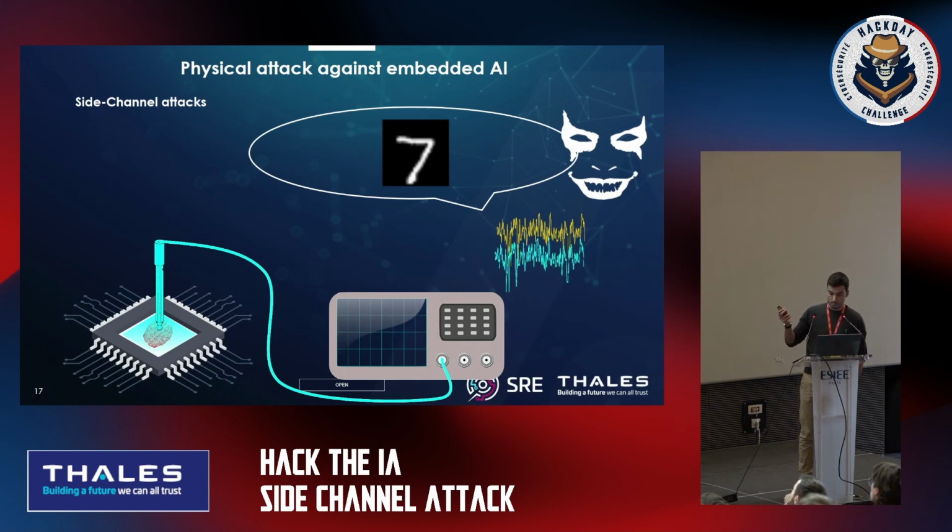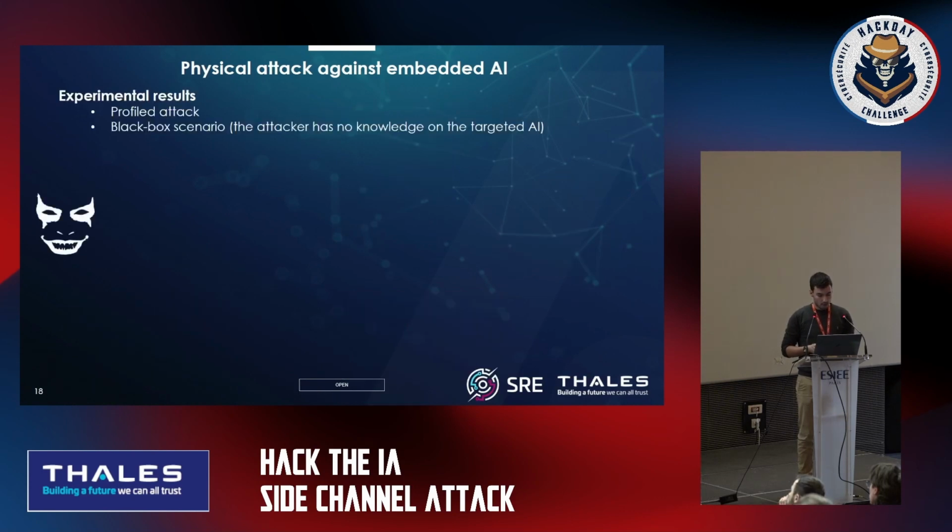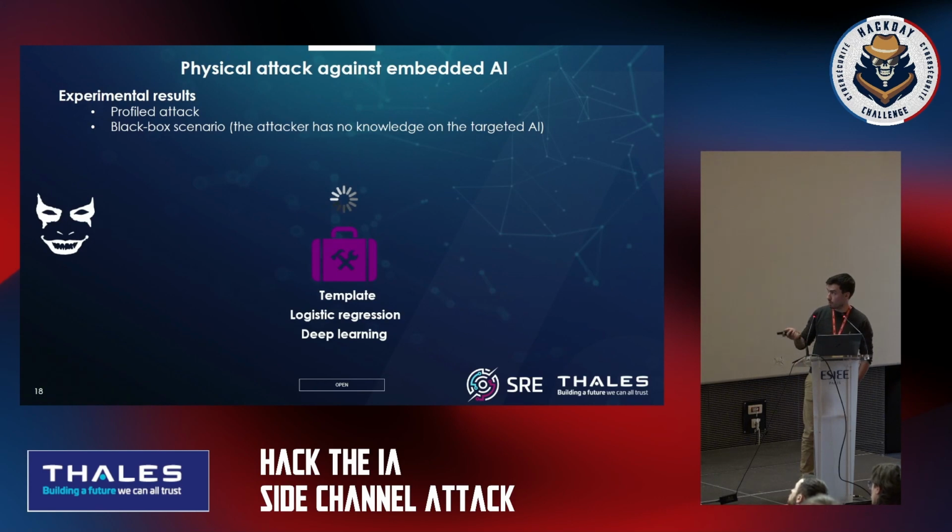And from those physical traces, we want to use some statistical tools in order to extract the sensitive information. So to do so, the adversary will use some statistical tools. I will not describe them, but just for your information, those statistical tools are known as template attacks or logistic regression.